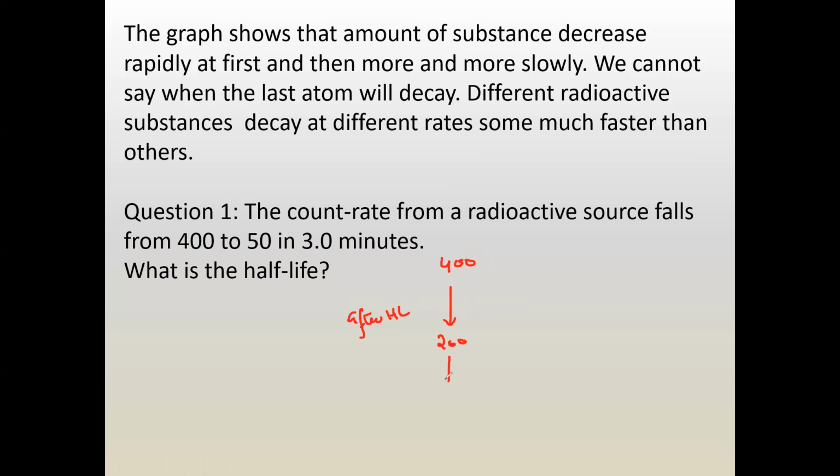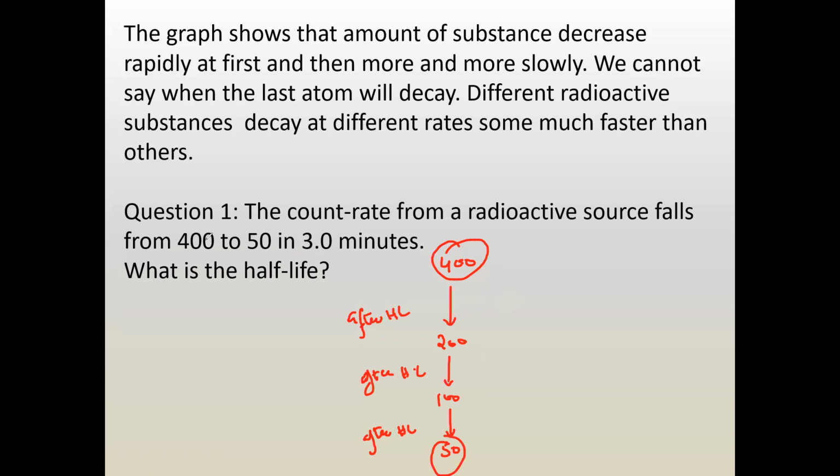Then after another half-life, 200 will become 100. Then after another half-life, 100 becomes 50. So how many half-lives are there for 400 to change to 50? 1, 2, and 3 half-lives.